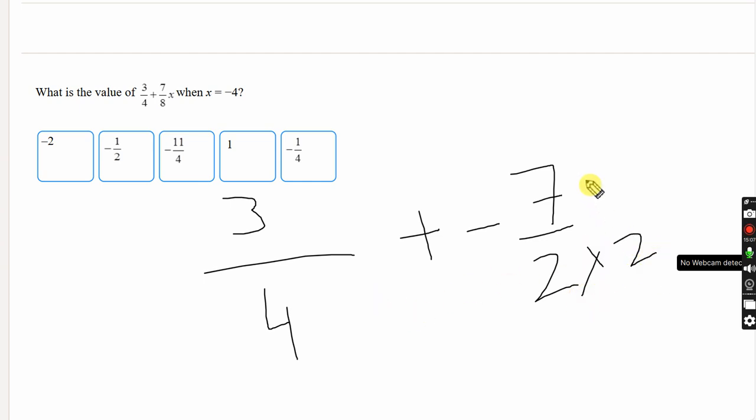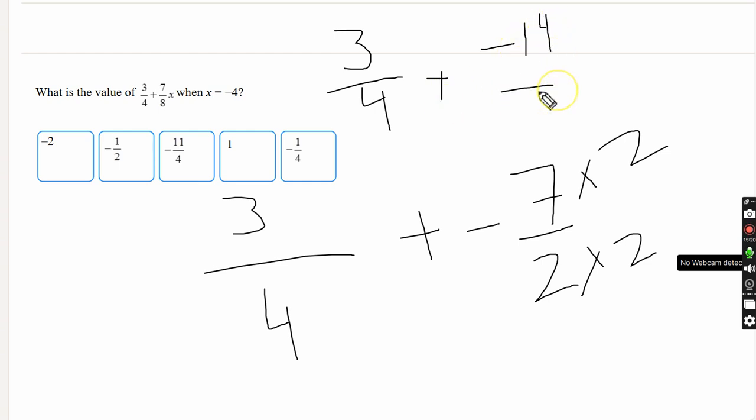So we multiply here by 2, we multiply here by 2, and it becomes 3 over 4 plus negative 14 over 4. Now, what is it? Negative 11 over 4. There you go, you got your answer. Again, we take the negative sign of the fraction with the larger number.